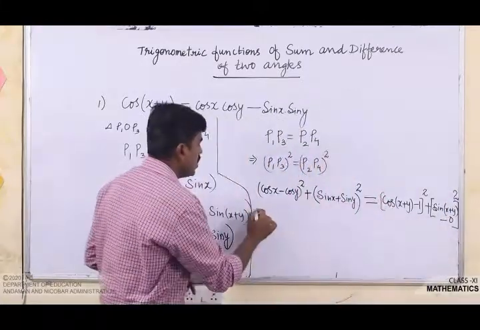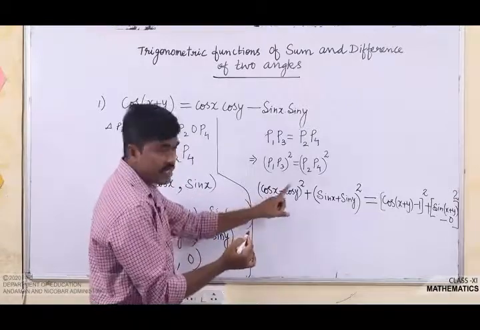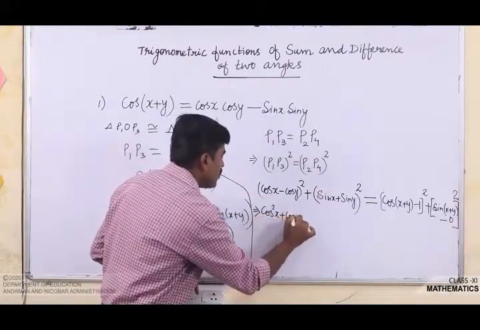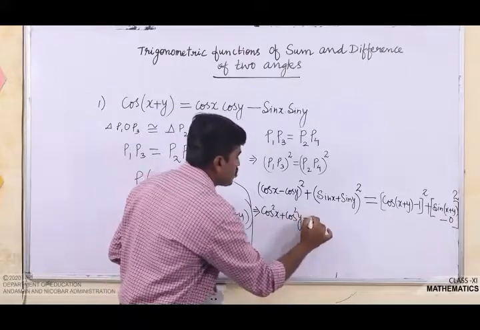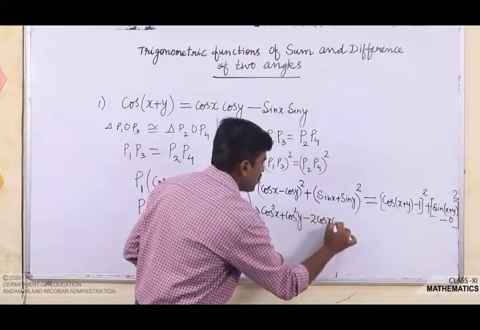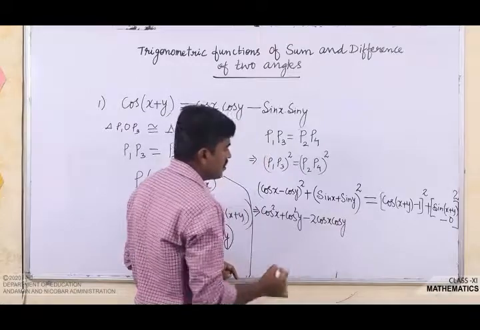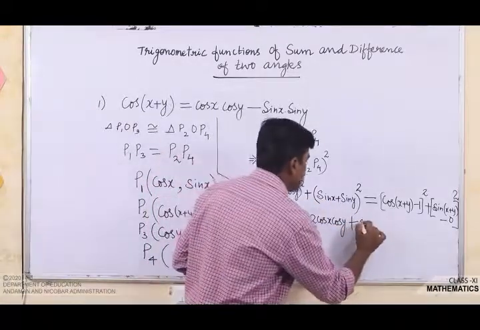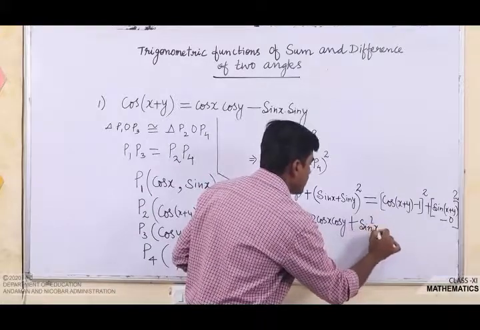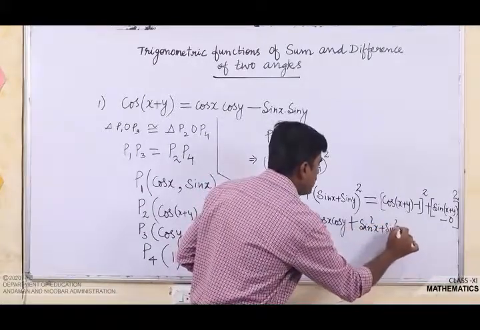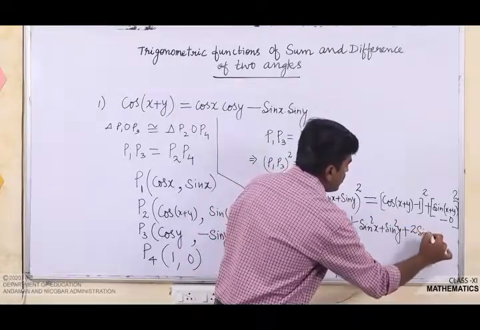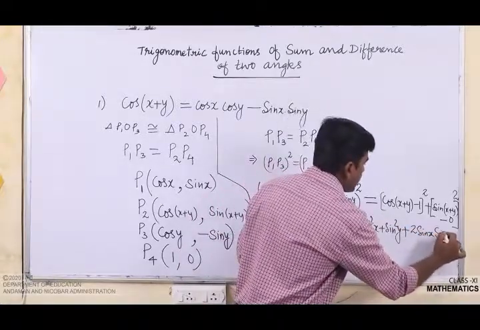Okay. Now let's simplify it. Cos x minus cos y whole square is equal to cos square x plus cos square y minus 2 cos x cos y, then plus sin x plus sin y whole square, that is sin square x plus sin square y plus 2 sin x sin y.